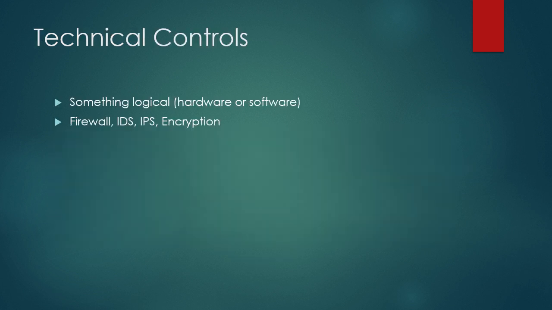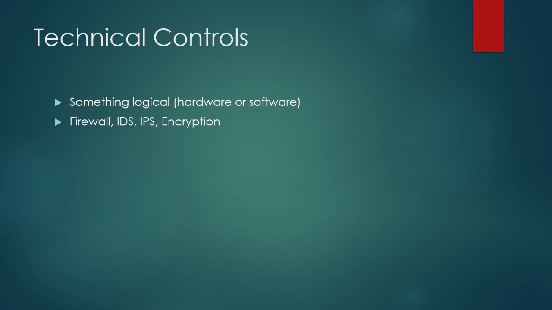So let's dive into technical controls. A technical control is something logical. It can be hardware or software, but it doesn't physically prevent someone from doing something. It can be a firewall, an intrusion prevention system, an intrusion detection system, encryption, a backup of our data, that kind of thing.